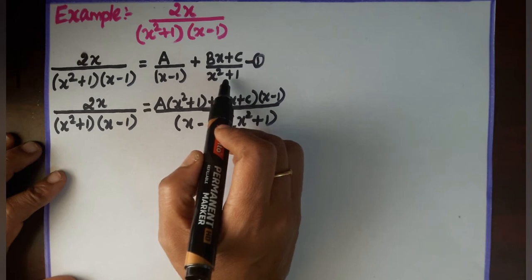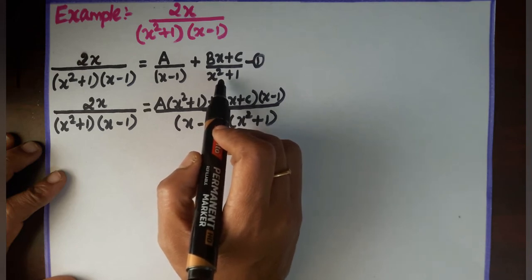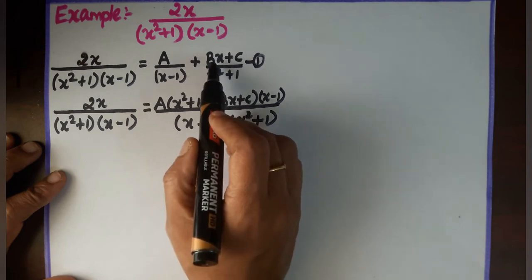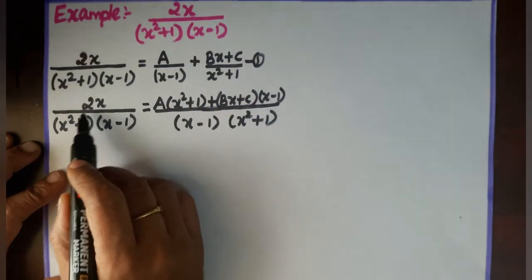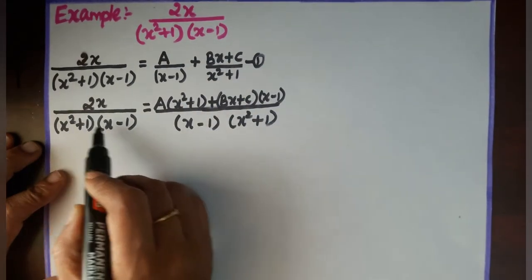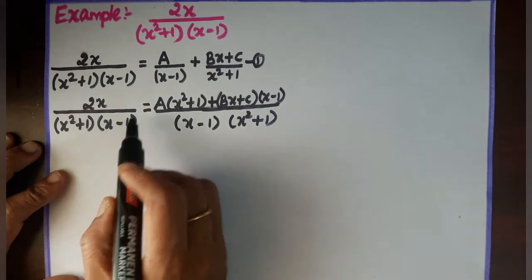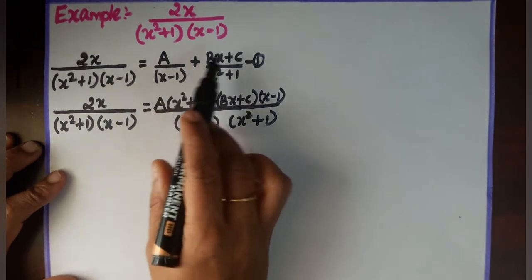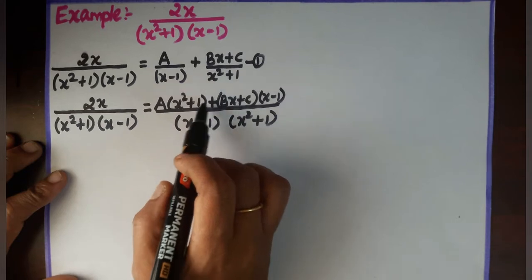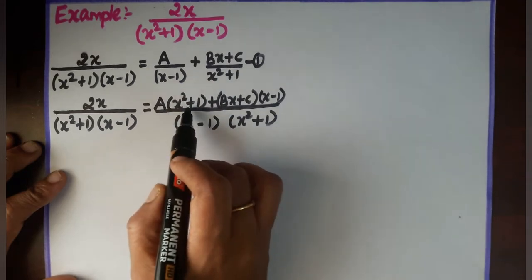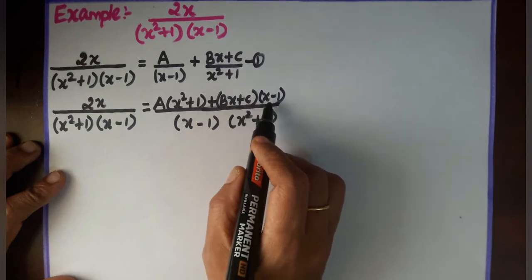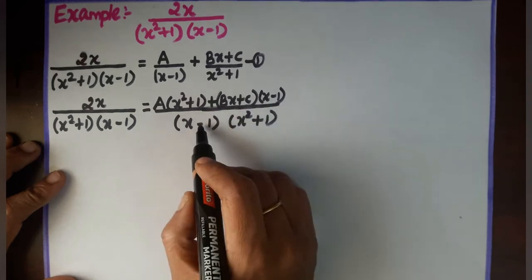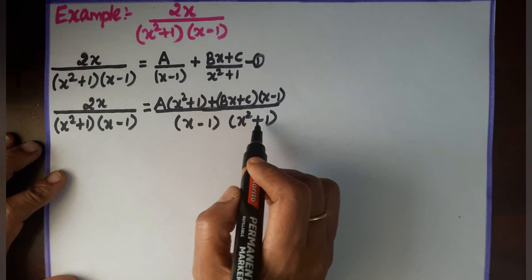X square plus 1 is a non-factorable quadratic expression, so we have to write in the numerator bx plus c. Then 2x by x square plus 1 into x minus 1 is equal to, now on the right side we are going to take LCM. So we get A into x square plus 1 plus bx plus c into x minus 1 by x minus 1 into x square plus 1.